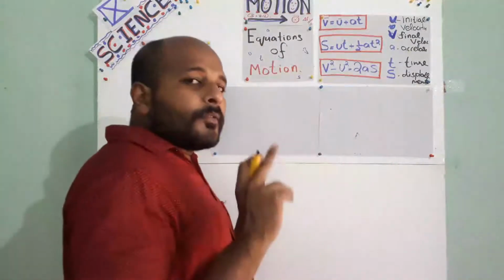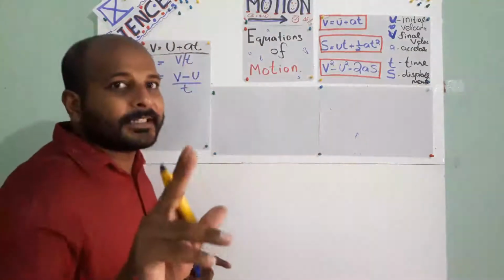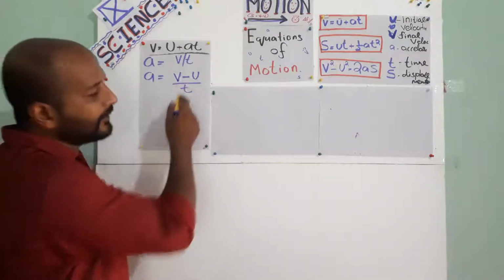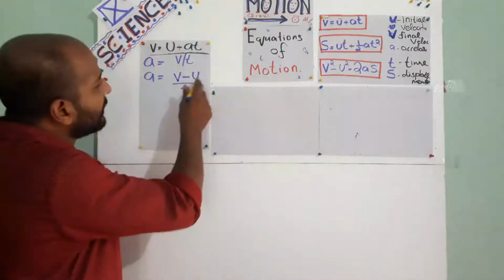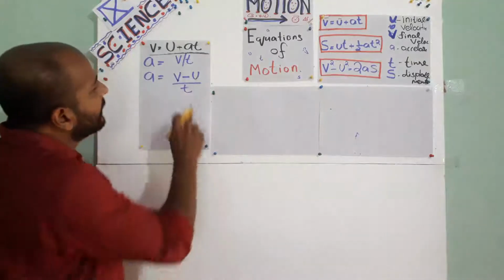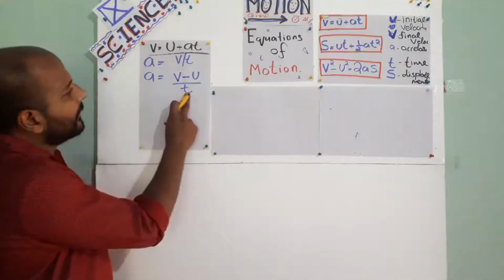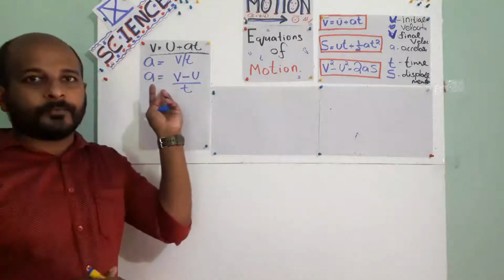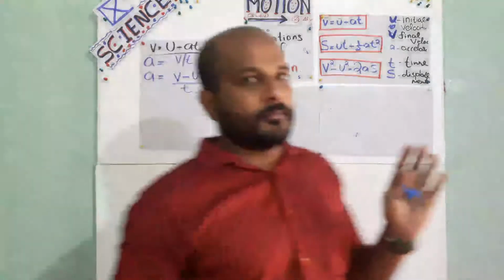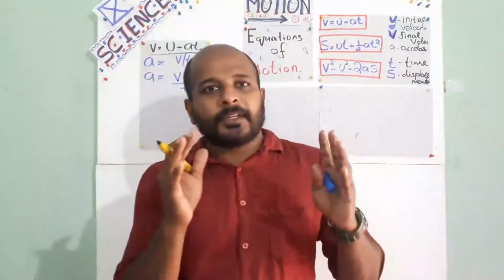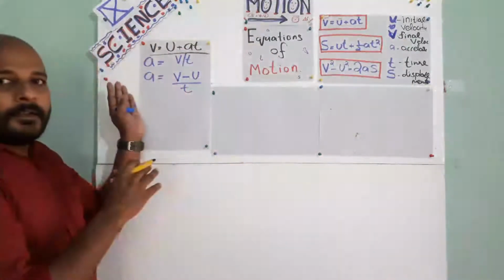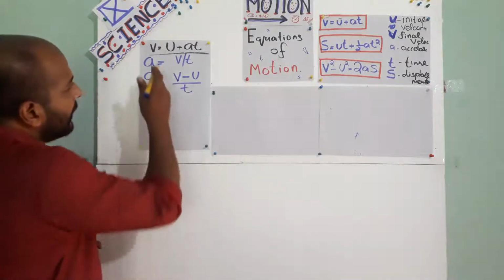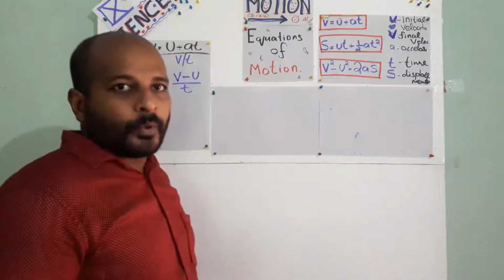During this derivation, keep in mind that whenever something is getting divided, V minus U is divided by T. If we take this T and put it on the other side of the equal sign, equations mean two sides are there, the left side and right side, and in the center there will be an equal sign.